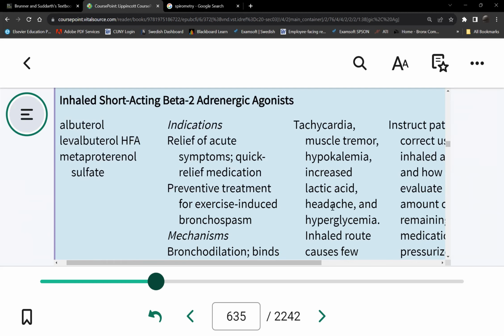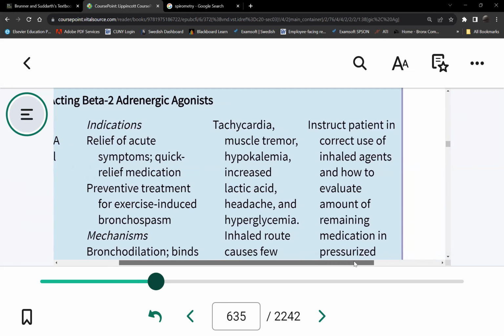These are your side effects because this is a beta-2 adrenergic agonist. Therefore, it acts like a sympathetic drug. Just like epinephrine, this will cause vasoconstriction and increased heart rate. That's how it dilates the airways. Remember the airways, the picture we saw earlier? Why did the airway wall thicken? Because of inflammation, right?